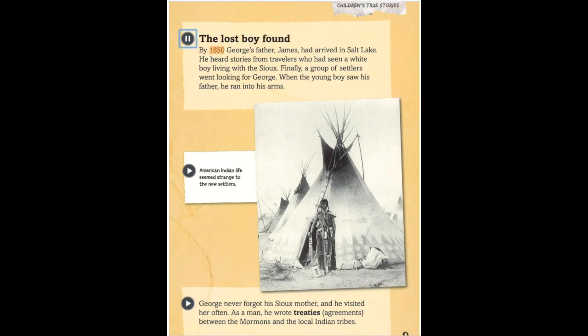By 1850, George's father, James, had arrived in Salt Lake. He heard stories from travelers who had seen a white boy living with the Sioux. Finally, a group of settlers went looking for George. When the young boy saw his father, he ran into his arms. American Indian life seemed strange to the new settlers. George never forgot his Sioux mother, and he visited her often. As a man, he wrote treaties, agreements between the Mormons and the local Indian tribes.